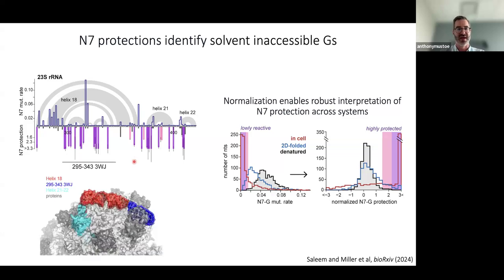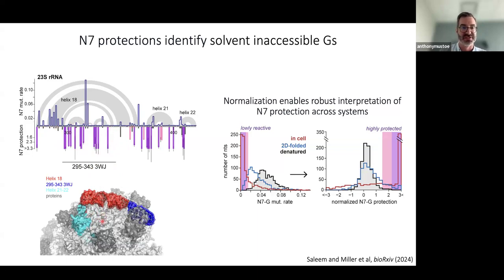And just to begin to draw you to think about what these data mean, if we look at now this segment of the ribosome, it has this region here that's highly protected, but then there are intervening regions that are not protected.